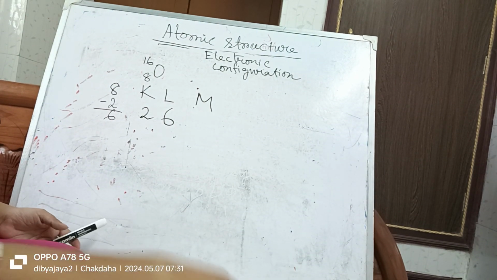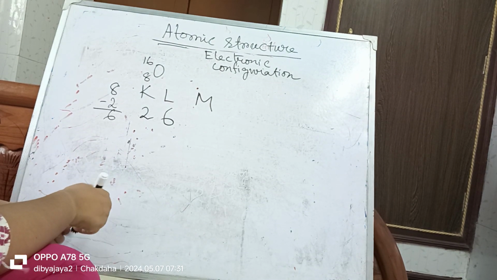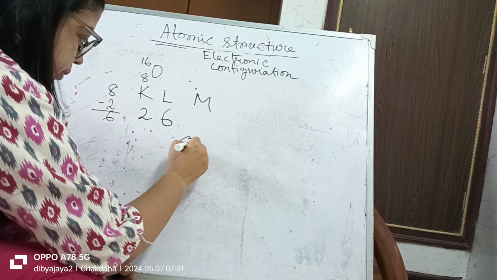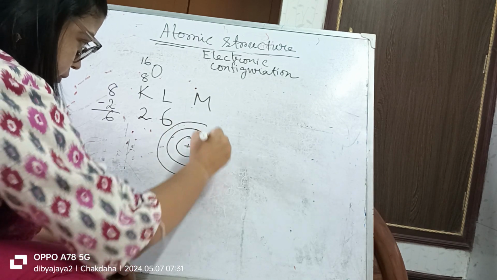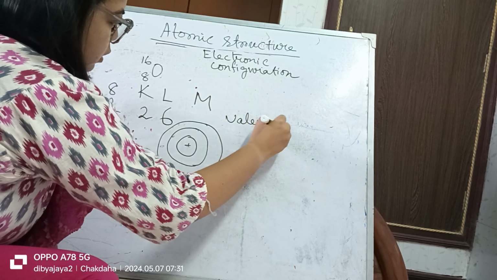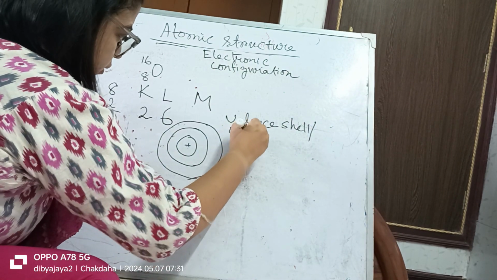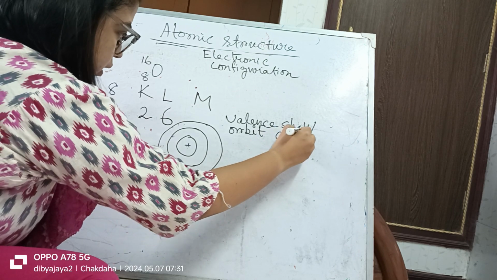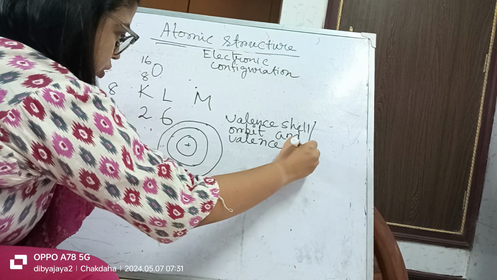Next we are coming to the valence electron and valence shell. This one is the basic atomic structure we know. Valence shell or orbit, and valence electron.